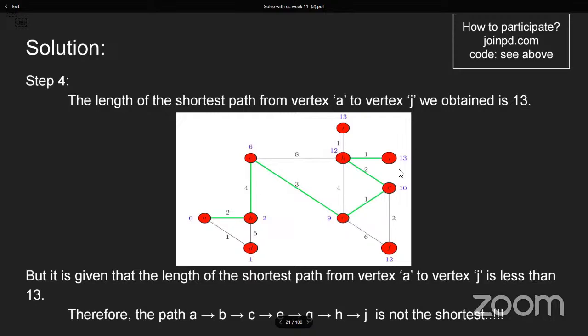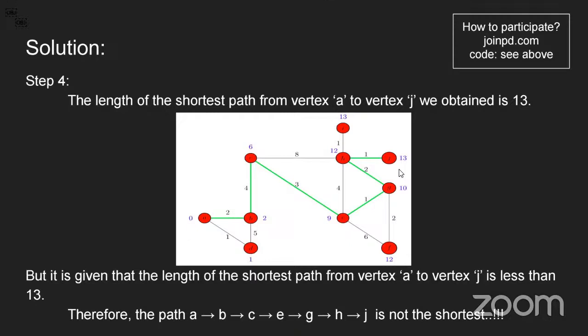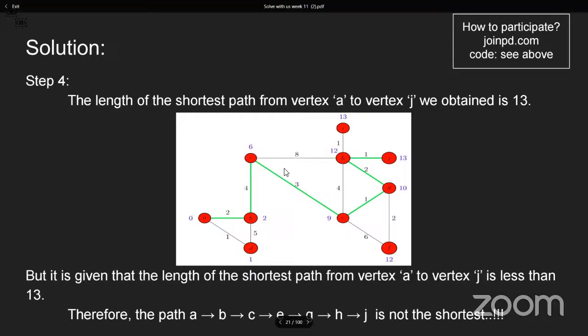But in the question, if you see, it says less than 13. Surely it means there will be an edge which gives a weight less than 13. So that's the plan that came here for adding VE, which we don't know. That's why the value X is given.